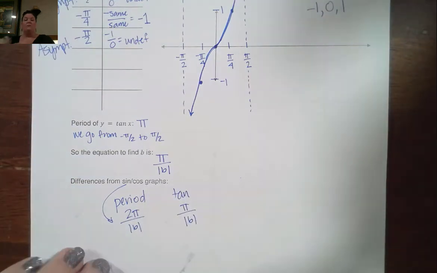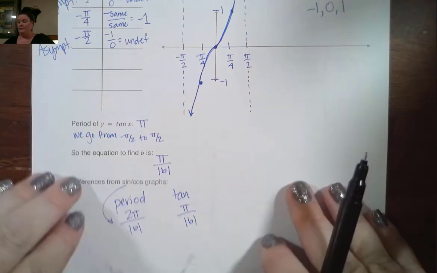The process of graphing it is going to be very similar. The only thing is we have to remember that our period is a little bit shorter because it got cut off with those asymptotes. Let's go ahead and look at an example.